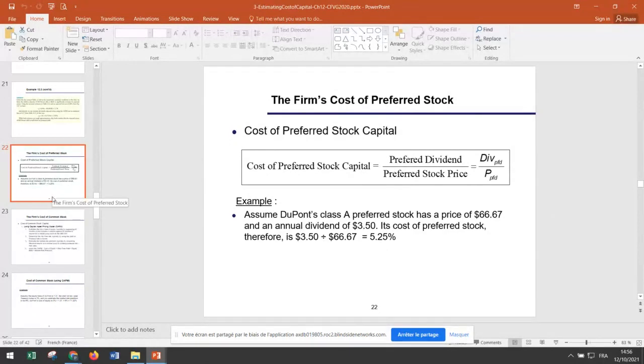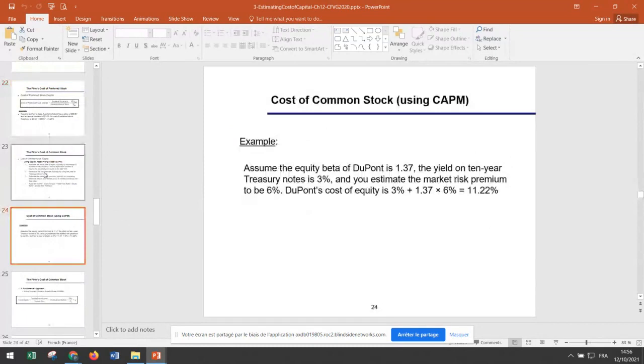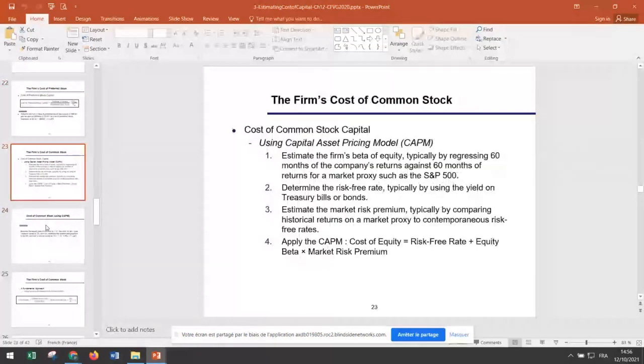Then for the cost of equity capital, you have two ways to do so. The first one is the CAPM, which you can simply apply as we just discussed.